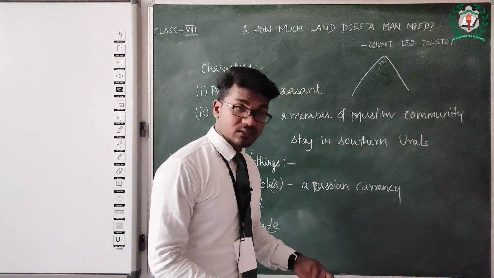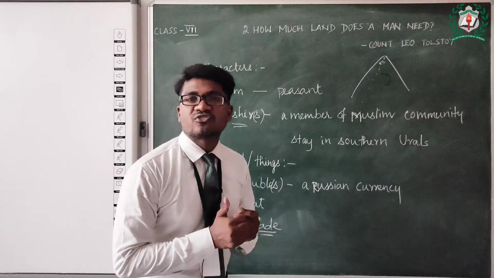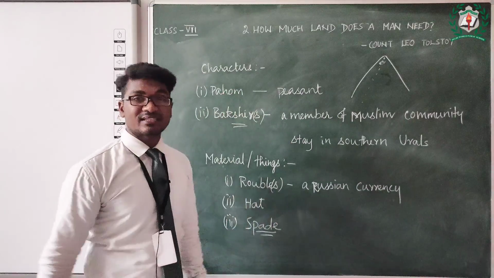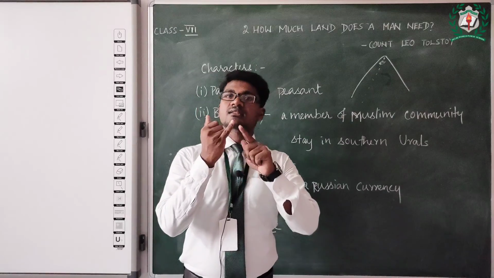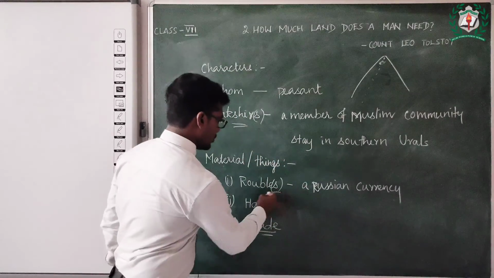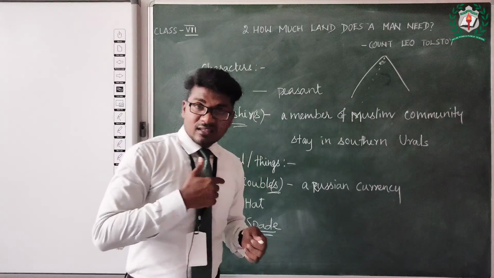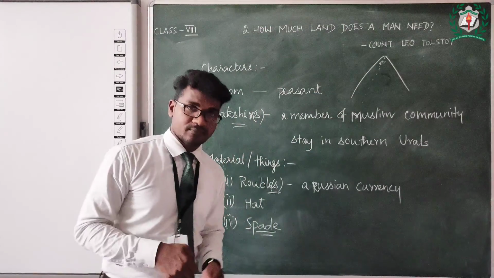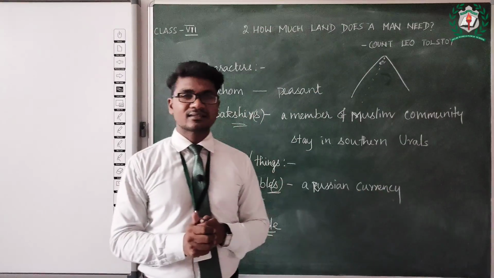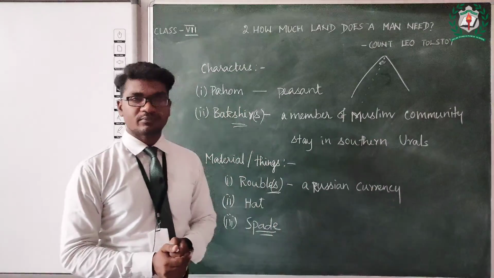One of the Bakshirs tried to lift him up and found Pahom dead. His 1,000 rubles gone. The land which he had measured with the spade gone from his hand. Now nothing is left. Even his life left him.